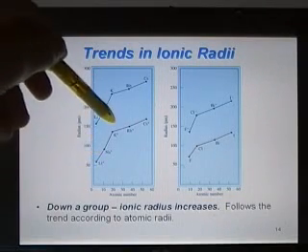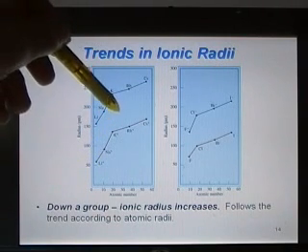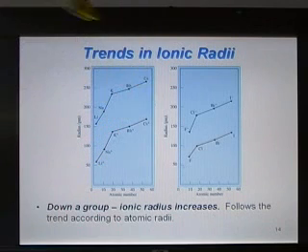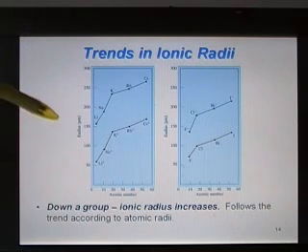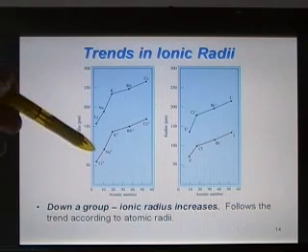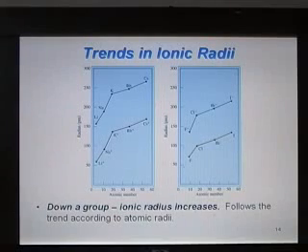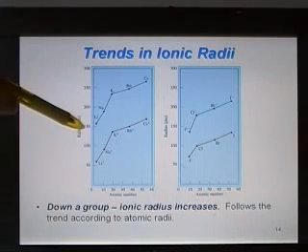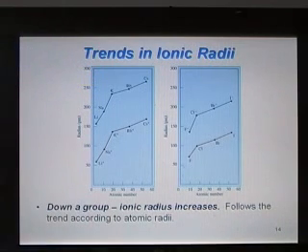Notice that the red line is for the alkali metal cations. They're always smaller. However, you see the same general trend if you compare cations to cations or atoms to atoms. As you go down the group, the ionic radius increases, much like when you go down a group, the atomic radius increases.